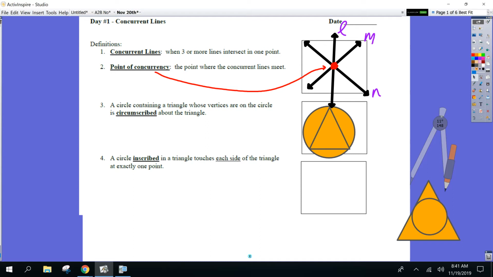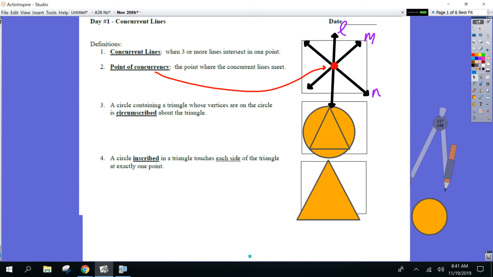What if I want the circle inside the triangle? Now I say the circle is inscribed. Inscribed. So again, you can draw either one first, the circle or the triangle.